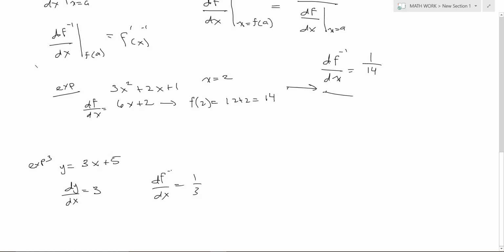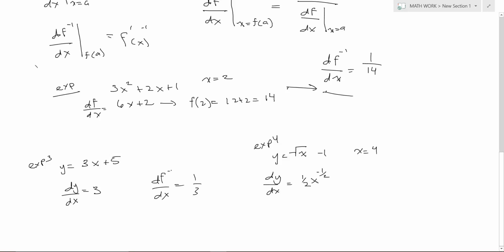What about a root function? Let's try root of x minus 1, with y equal to that at x equals 4. So dy dx equals 1/2 x to the negative 1/2.